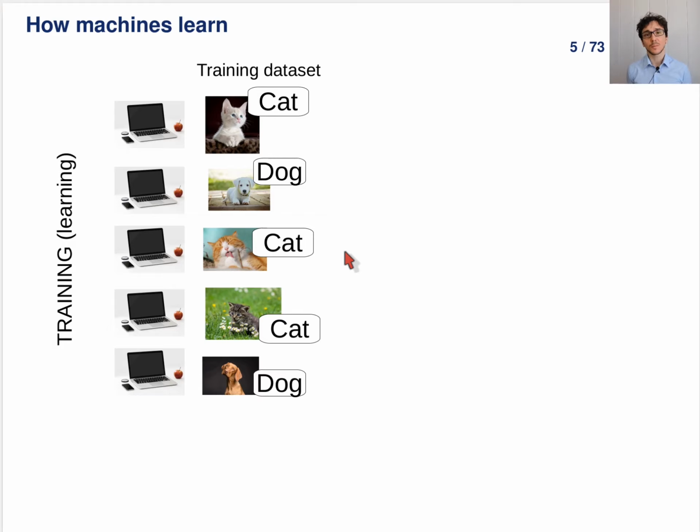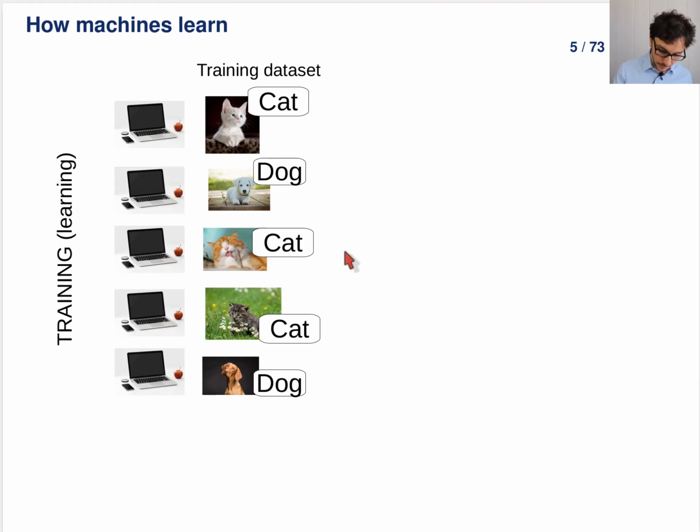For machine learning algorithms, it's actually the same. For supervised machine learning algorithms, we first need a labeled dataset where there are examples already labeled, of cats and dogs in this case.